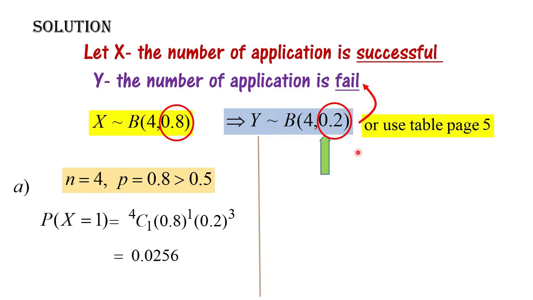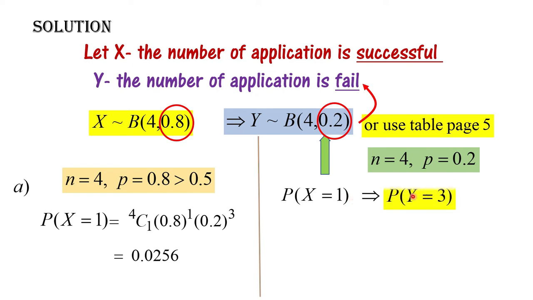If you use the table, we will use the Y distribution. Y distribution, n equals 4 and p, the probability for the application to fail, is 0.2. So we need to change from successful to fail. Probability X equals 1 means the probability that the application is successful is 1, which means the probability that the application fails is 3.